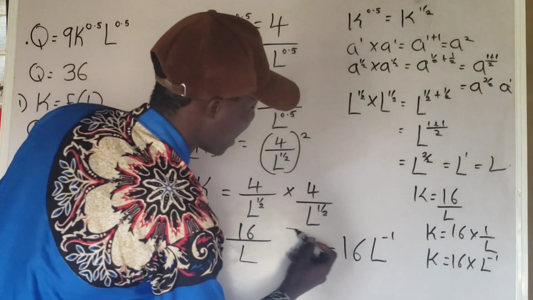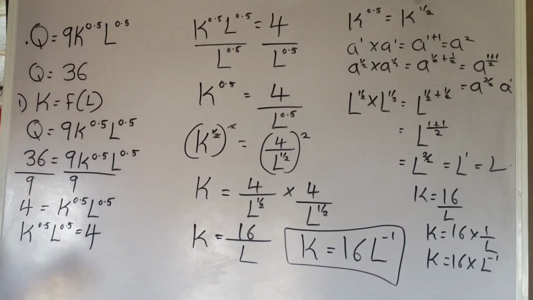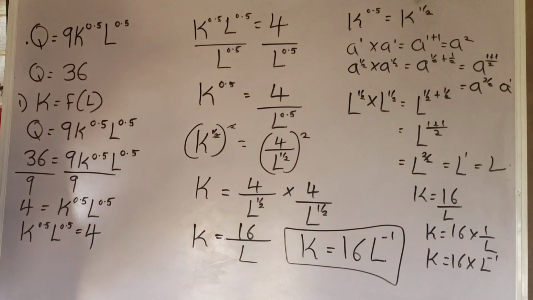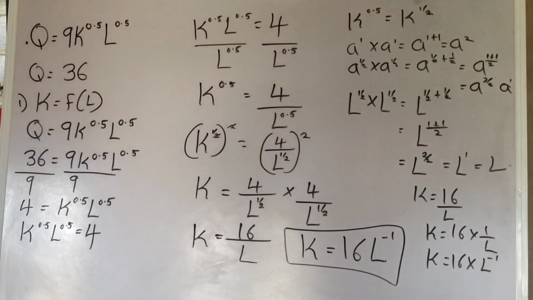So the function that I am asked to derive, this is the function: K is equals to 16L raised to the power of negative 1. So now I have derived the function. Let me quickly check the question. The question I posed was that we should find the level of K required to achieve the given output level if L is equals to 100.